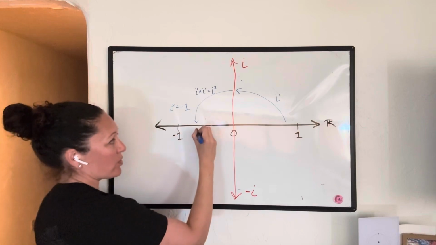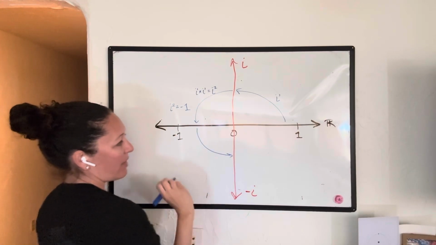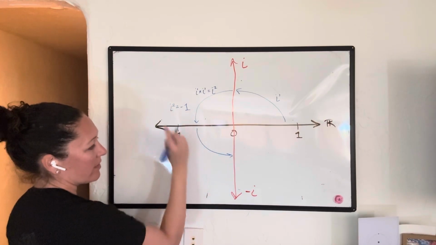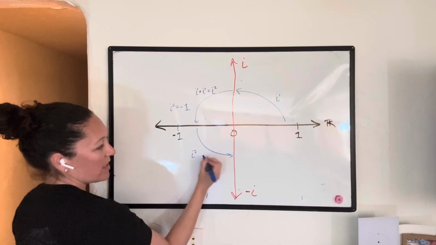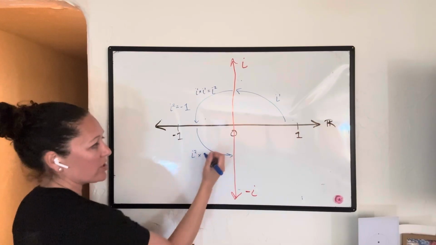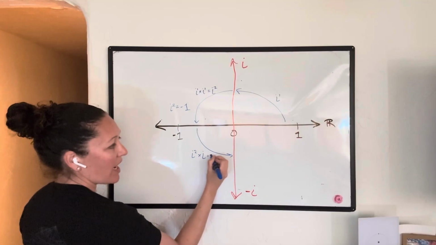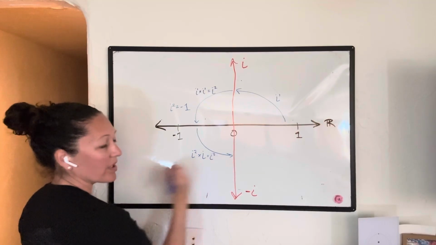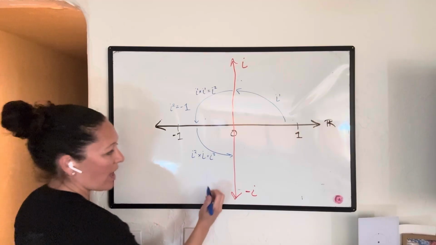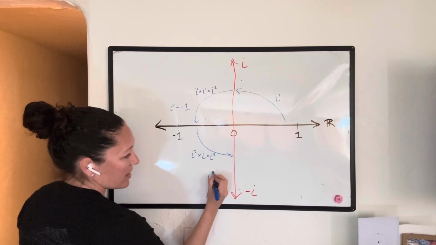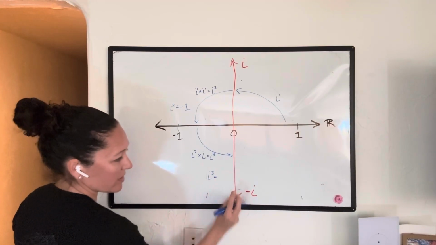If I do another rotation by I, I have now gone from I squared times another rotation of I. So I squared times I is I with an exponent of 3. So I cubed equals, where am I at?